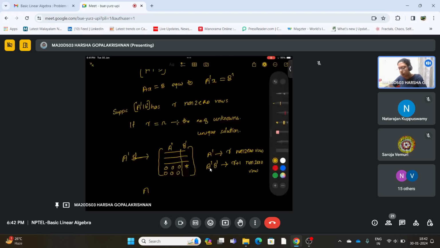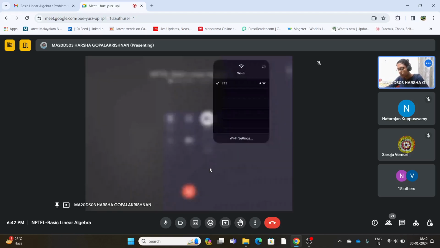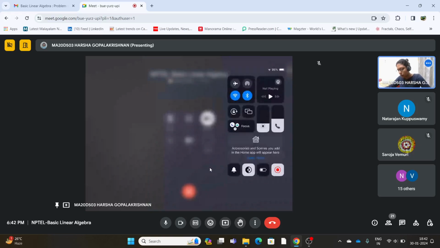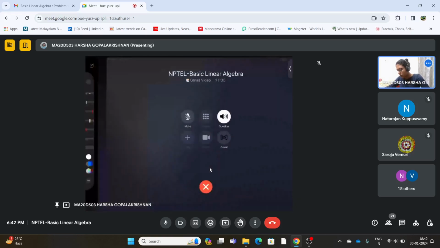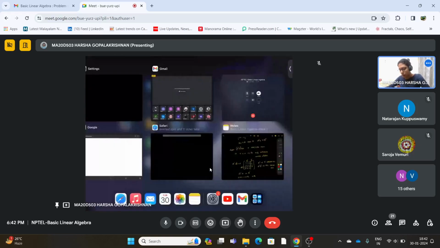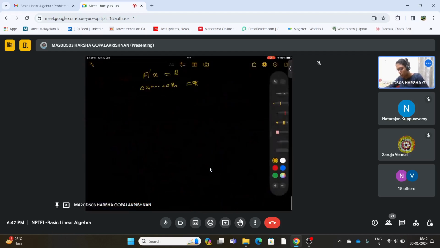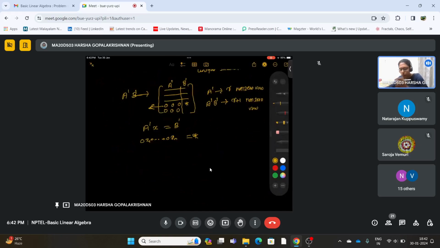Corresponding to this row, we get 0, 0, 0 equal to star, that is, 0 equal to a non-zero entry.